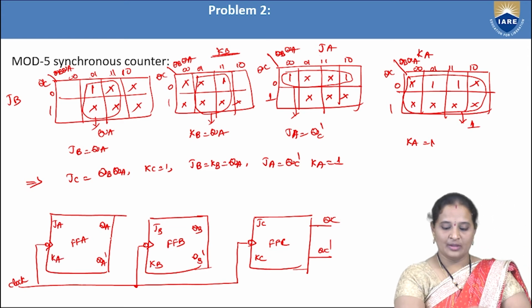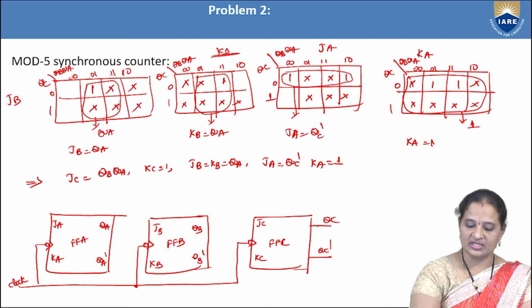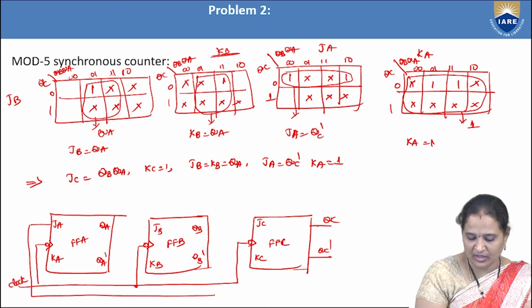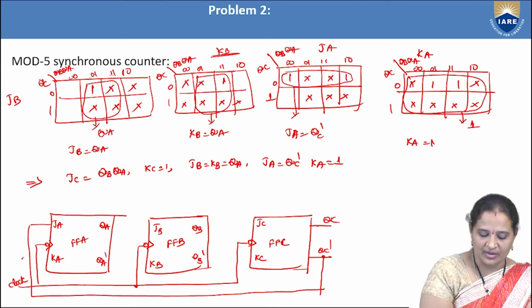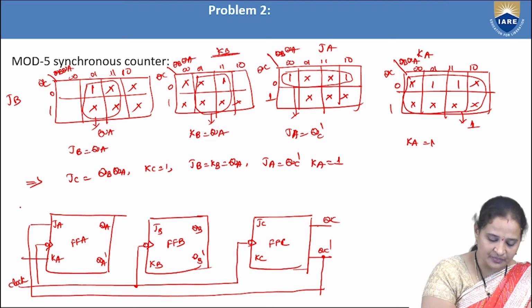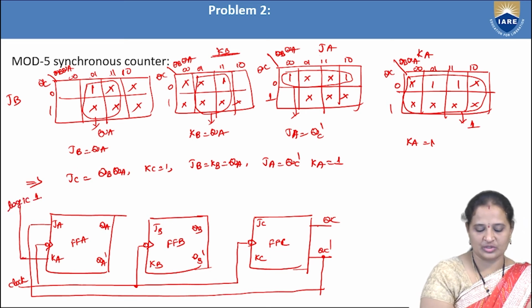So here, first of all, JA is equal to QC complement. So I am taking QC complement and applying it to JA. And KA is equal to logic 1.